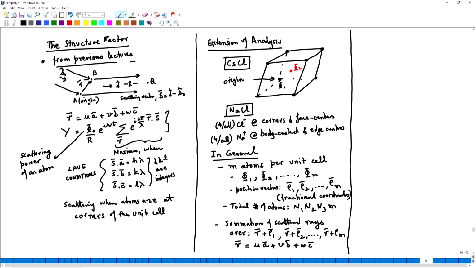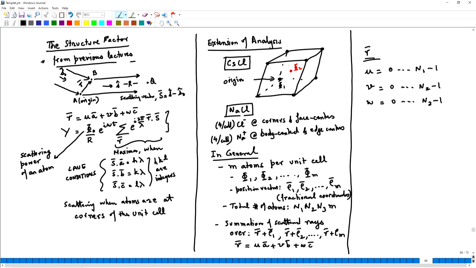So, it is a very simple extension to this, that all I have to do now is summation over these vectors, and the vector r itself will vary, given by U going from 0 to n1 minus 1, V going from 0 to n2 minus 1, and W going from 0 to n3 minus 1.